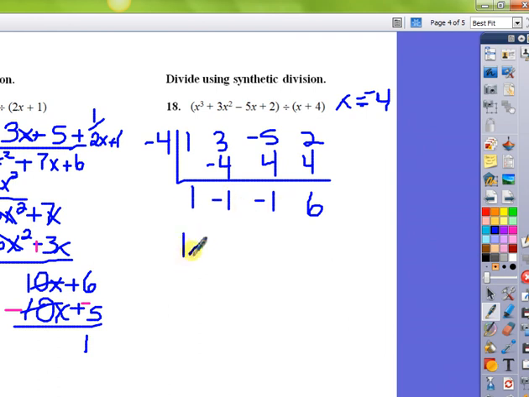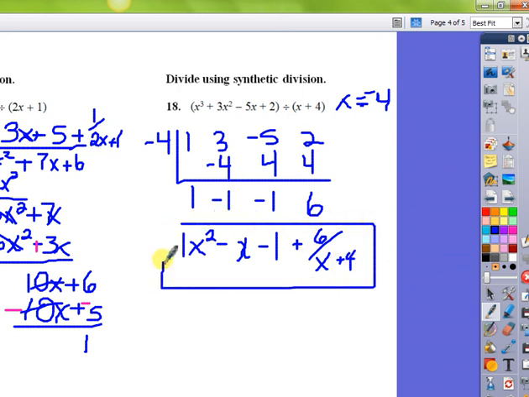I'm going to start with an x squared, which is 1 degree lower than the x cubed, minus an x, or minus a 1x, minus a 1, and this is the remainder. So I'm going to have a plus 6, and again I'm going to put that back over the divisor, which is x plus 4. And that is your final answer right there. And that does conclude this video.